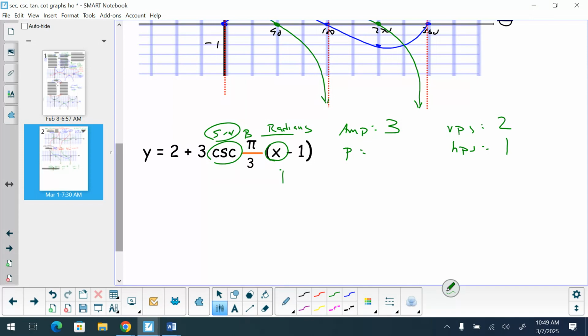Period was calculated by 360 divided by our B value. Since we are dealing with radians, period is now 2 pi divided by this B value. So we have 2 pi divided by pi over 3.